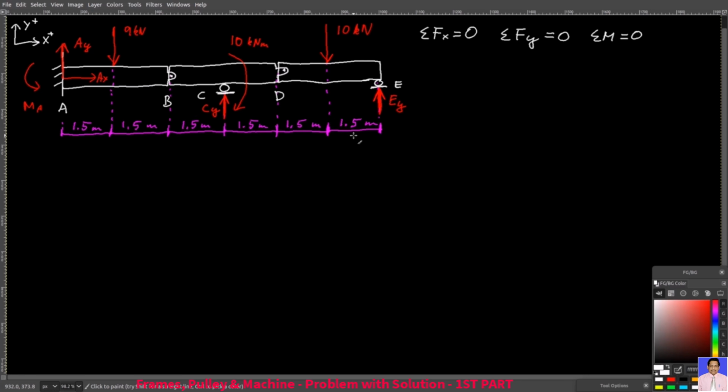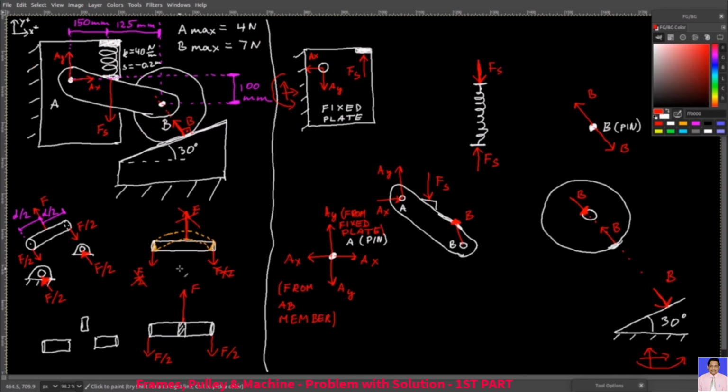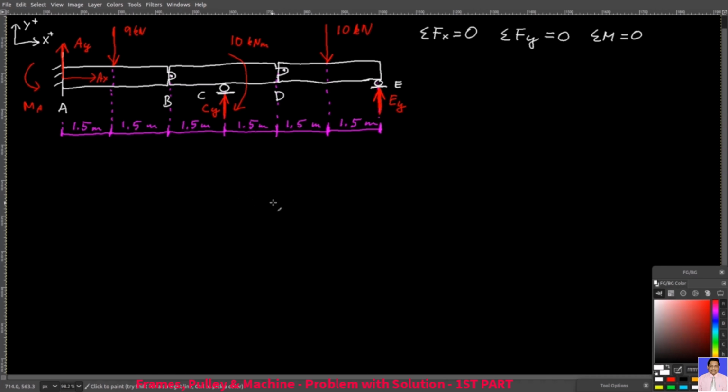However, we can solve it by disassembling this structure into its individual members, just like we did in one of the previous examples. Since the entire structure is in equilibrium, each individual member also needs to be in equilibrium.